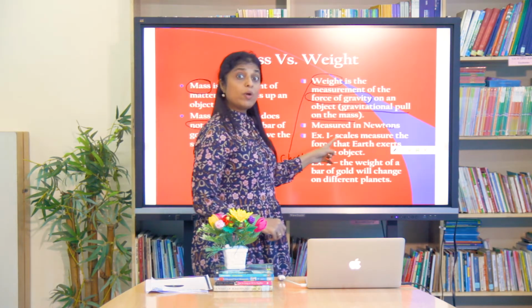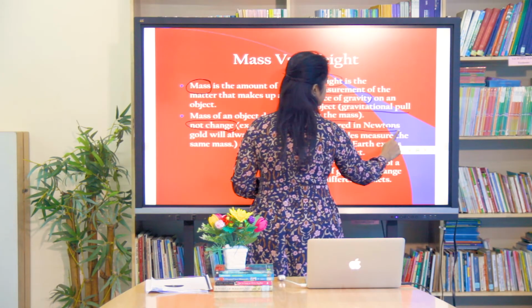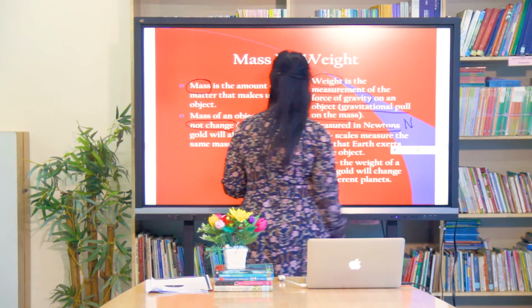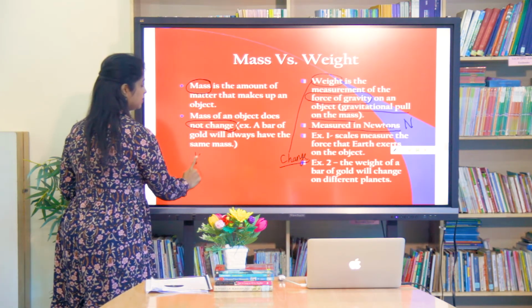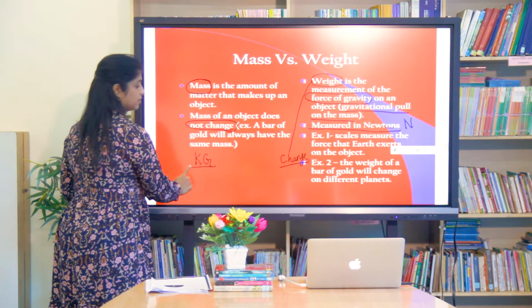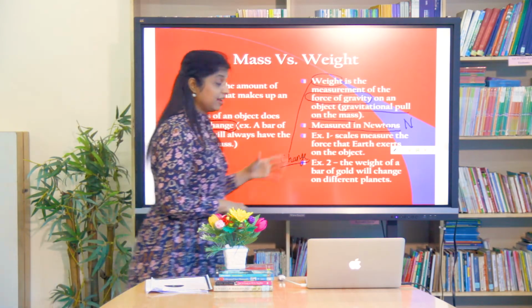And how is weight measured, do you remember? Weight is measured in Newton and mass is measured in kilogram. Very good. Okay, everybody?